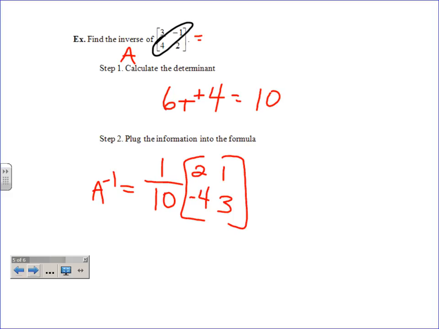But something that's important that I'll make a note of right now is, I'll write it this way. If I take the inverse of A times A, if things are inverses of themselves, they're supposed to do what to each other?